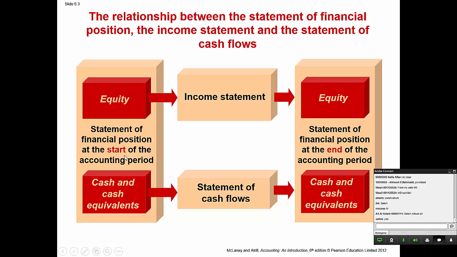If you remember, we can prepare the balance sheet at the start of the accounting period, like at the beginning of the year, and at the end of the period, like at the end of the year, we will prepare another balance sheet.